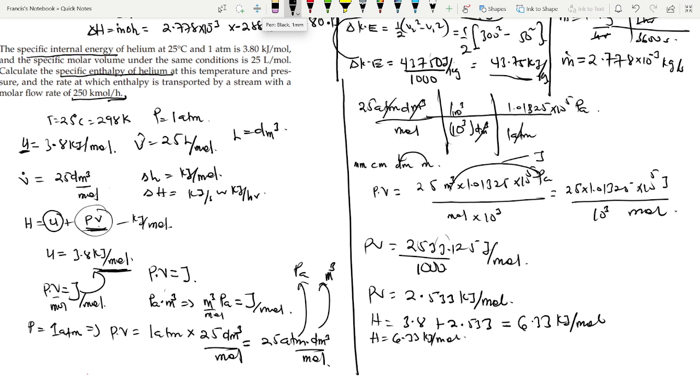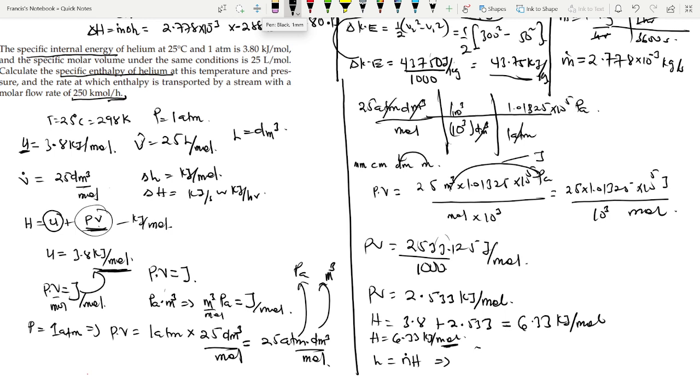So I just see that my enthalpy rate, right? So I just use the small h for the rate. It's equal to the molar flow rate times the actual enthalpy. Because this is in per mole, I can multiply it by kilomoles per hour, and that's what the question gives.